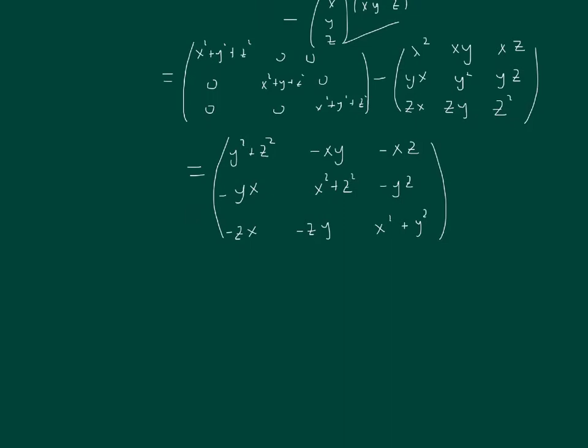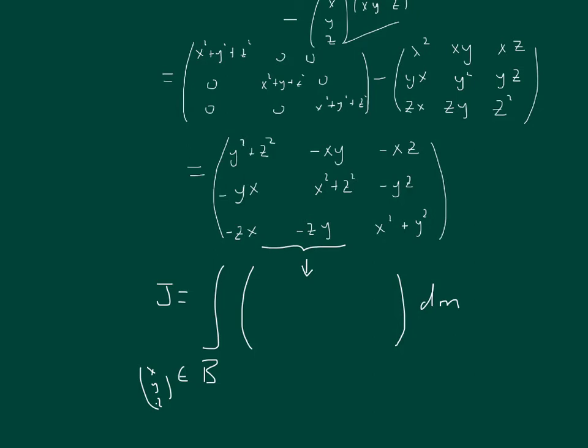So J is going to be equal to the integral over all x, y, z in the body of this matrix times dm. If it's of uniform density, then we integrate over position, and dm is equal at every point. So we're going to take that matrix and plug it in here.